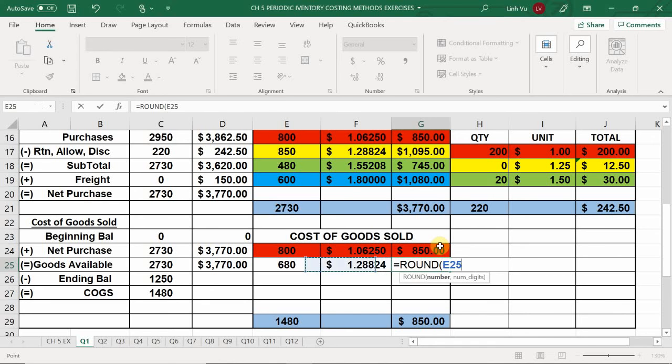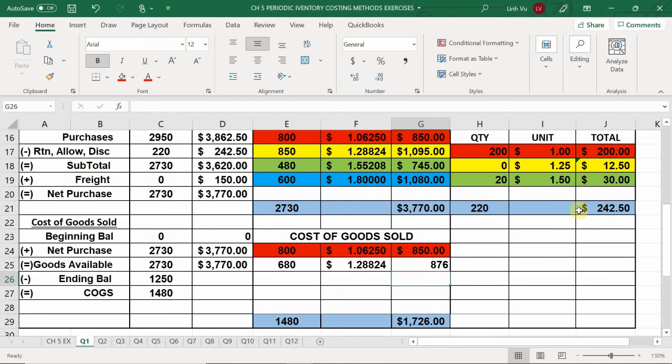So I'm going to take 680 multiplied by $1.28824, comma, to end your argument with that formula, and I want to take it to 2 decimal places. So what is my total cost of selling 680 units at $1.28824? $876.